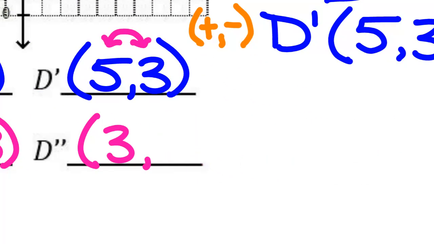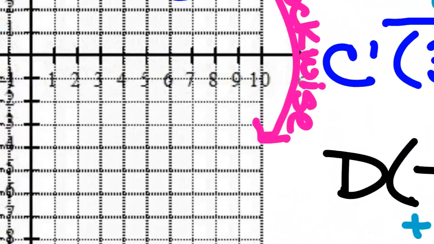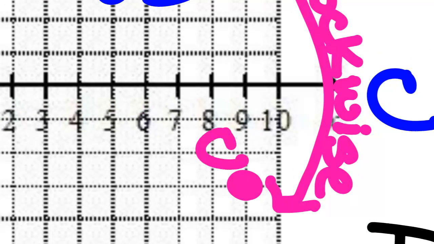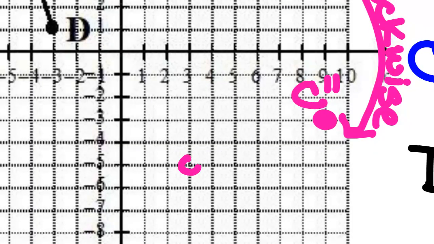And 3, negative 5. Then I can go in and plot those points. 9, negative 3 would be right here. So there's my point C double prime. And 3, negative 5 would be right here. So there's D double prime. And then we connect those 2 points.